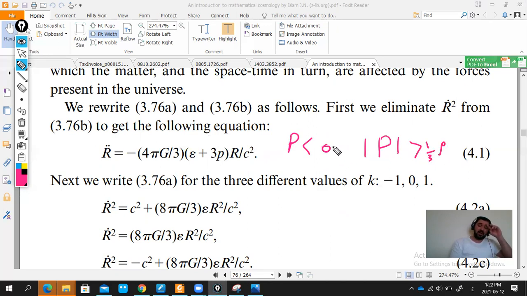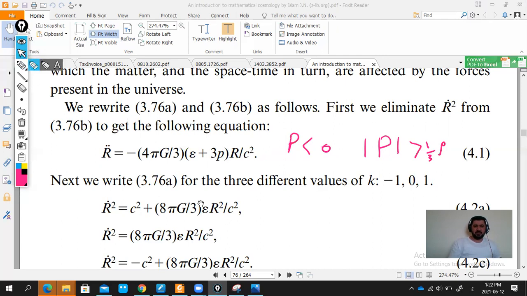If we have matter like this, then that will be perfect, and we have the accelerated expansion of the universe.